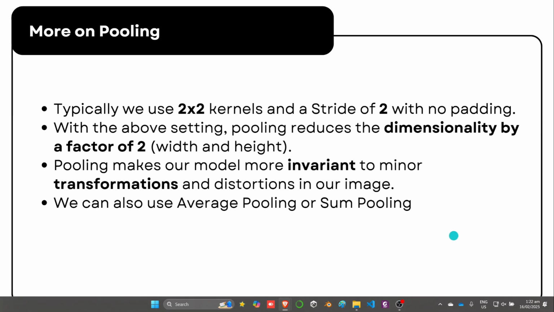Okay, there's a bit more on pooling. I already explained the average pool and sum pool. So typically we use two by two kernels with a stride of two, with no padding in this case.